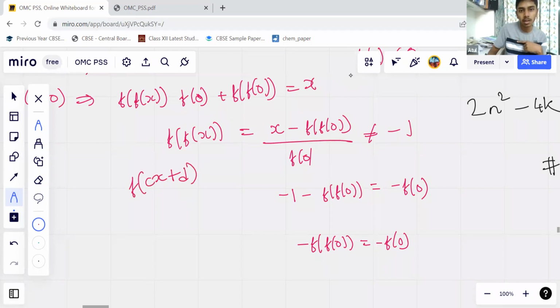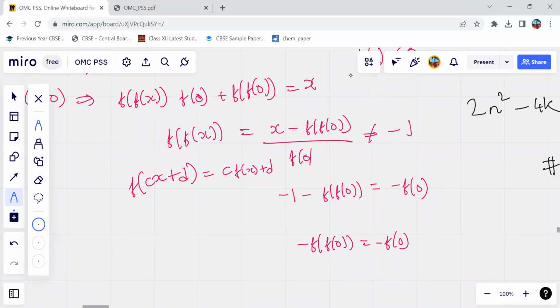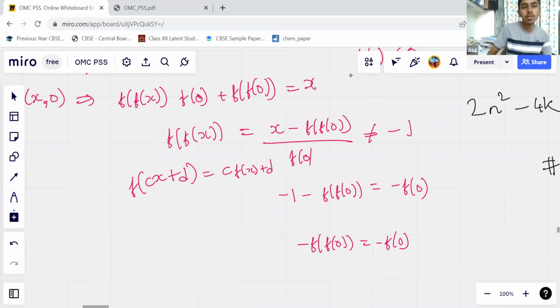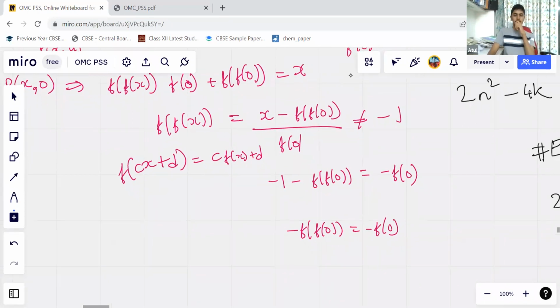Yeah, we have that something like cx plus d equals c f of x plus d for some constants. Do we want the constants to be something? They're pretty weird. But yeah, okay, this is quite nice. I mean, you can probably find out f of 0. That is true. Except, how do we do that?